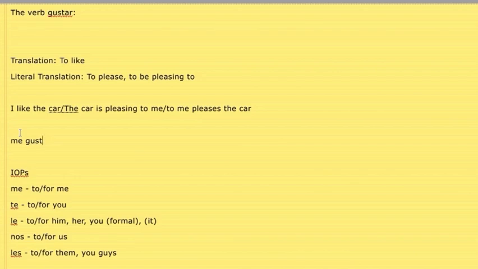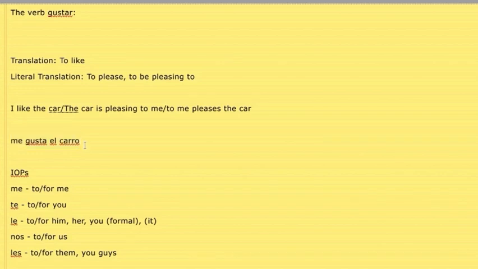And so because of that, it's going to be in the it form, or the el form, if we're talking about the car. So me gusta el carro, or coche. And so in this case, you can see that it's functioning very differently than a normal verb. But overall, if you just think about it logically and think about the literal translation of what's trying to be said, you can usually pick out how to use the word gustar.